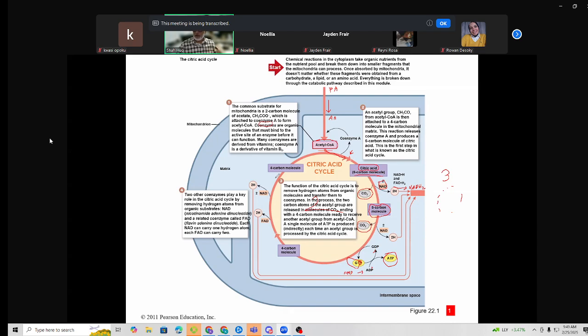The names are different. This is not the same as this one. By this time, we produce FAD. This is another compound like NAD. So FAD will be now, you see these reactions there, and then also another NAD will turn into NADH2.